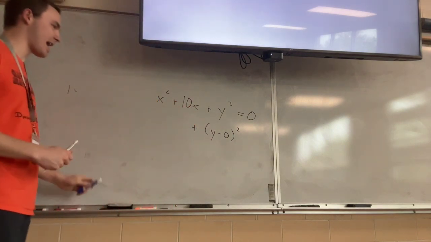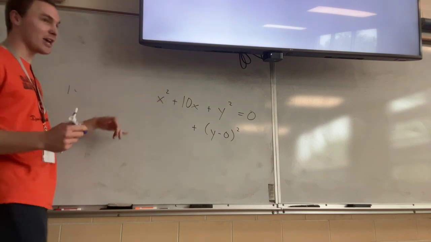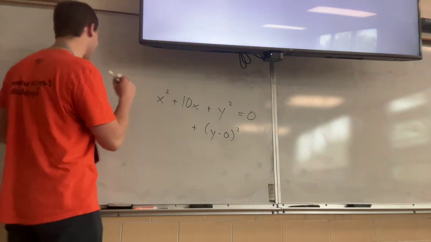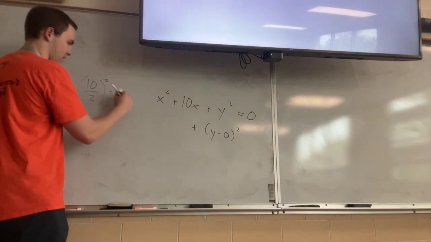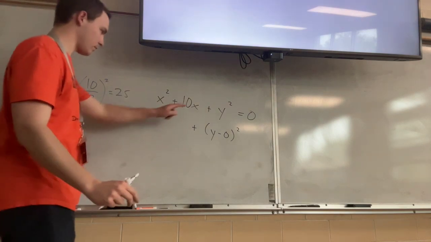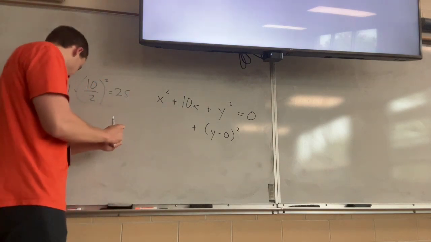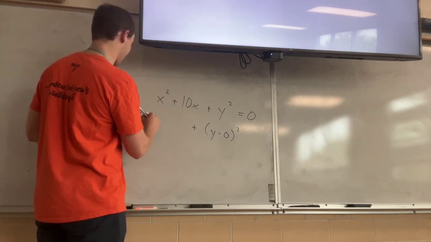The way I deal with that is I take the number next to x, and I divide it by 2 and square it, right? So 10 divided by 2 squared is 25. So this is going to become x squared plus 10x plus 25 minus 25.